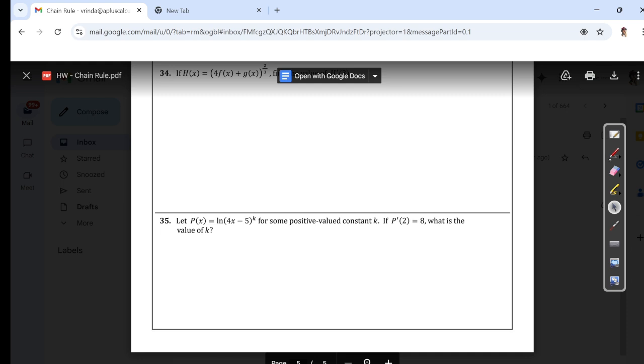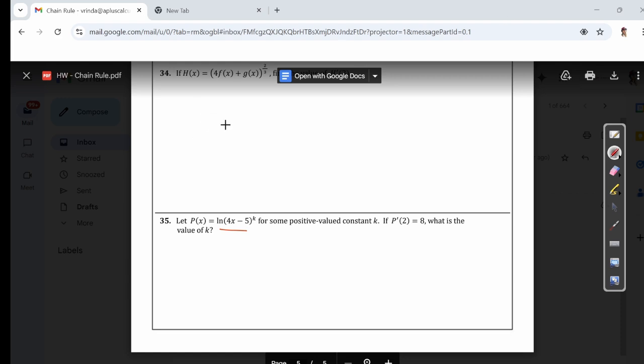So here I have to still use the chain rule, but also I have to figure out what k is. Yes, and actually, this is composition of composition of composition.